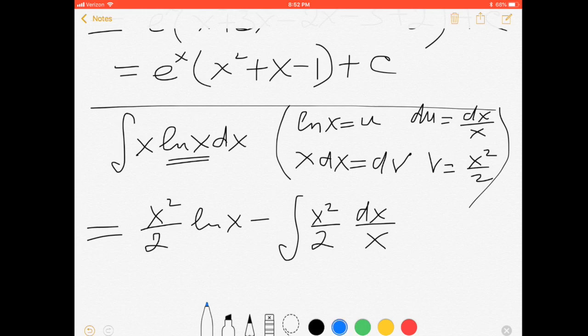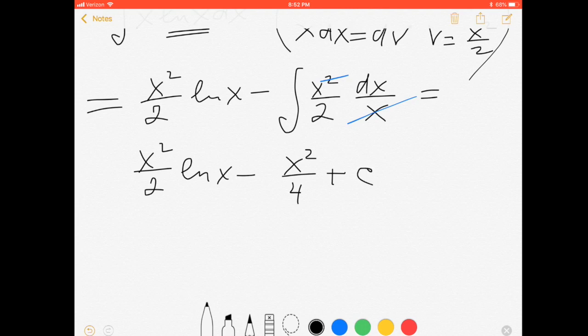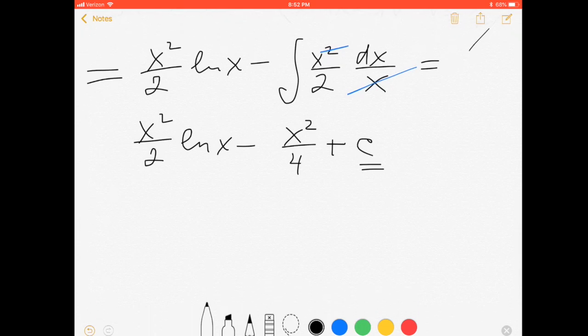Here we simplify, and the final answer will be x squared over 2 ln x minus x squared over 4 plus c. Don't forget about c. Some of you forgot. I'm okay with grading, but next time I will be more strict if you forget about this parameter.